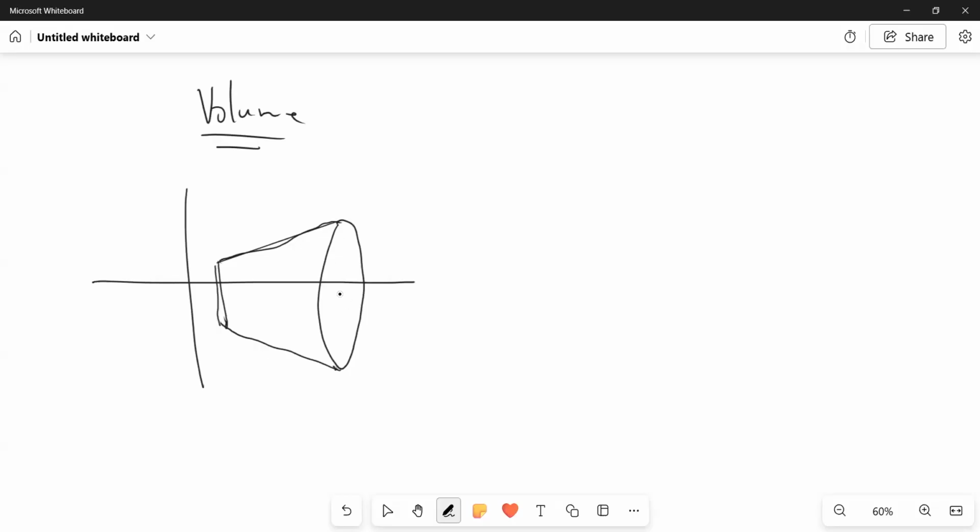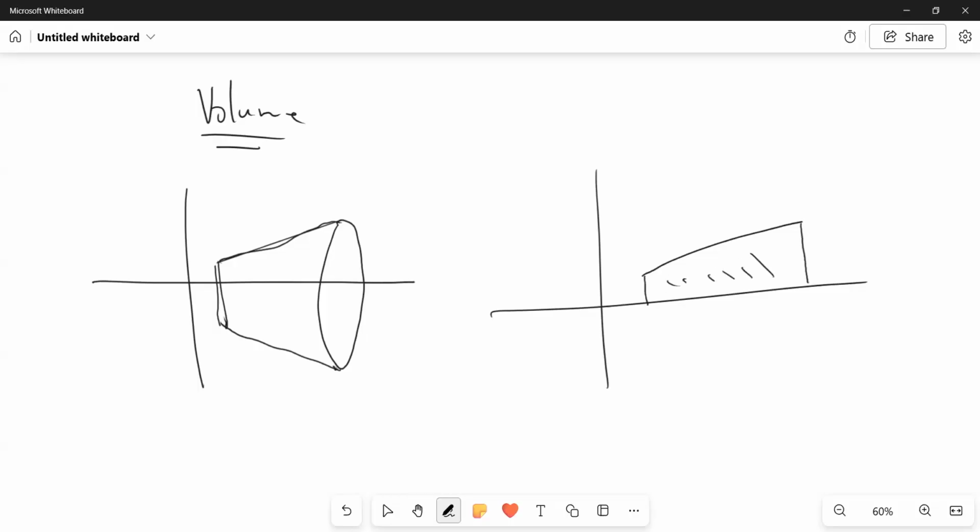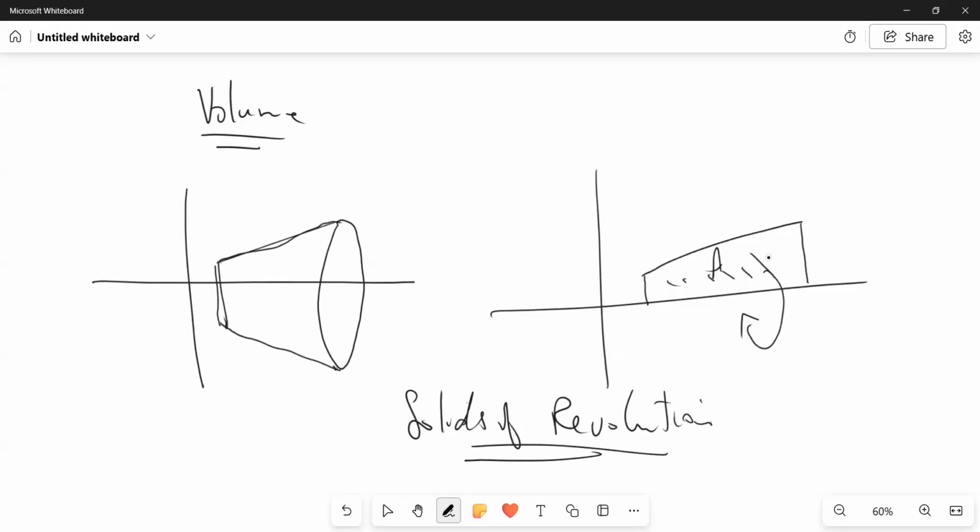This is like the face, and it's as though you take this area and you were to revolve it. That's why in the textbooks you'll see that about solids of revolution. They call it that. So if you take this area, it's like a disc, and you were to revolve it around.